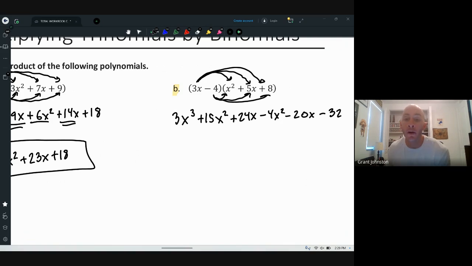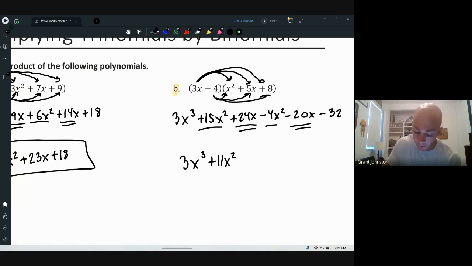And here we are to combine like terms again. The x squareds are going to combine, and then just the x to the first terms are going to combine. So I'm going to rewrite my 3x to the third. The 15x squared and the minus 4x squared would make 11x squared.